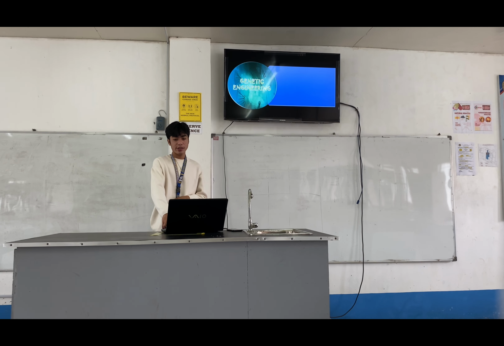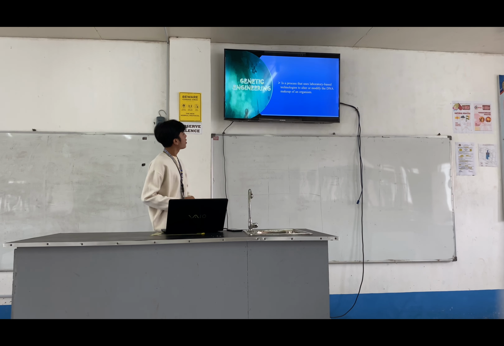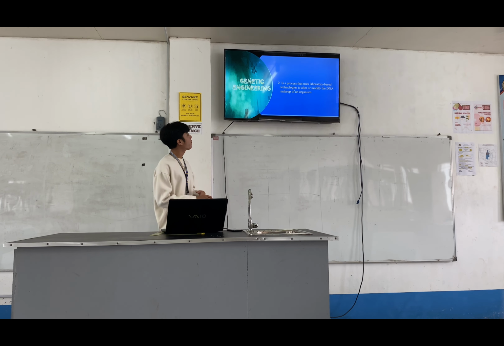Next is genetic engineering. It is a process that uses laboratory-based technologies to alter or modify the DNA makeup of an organism. Mostly these are genetically modified organisms.